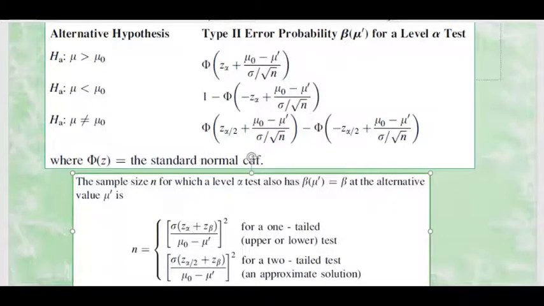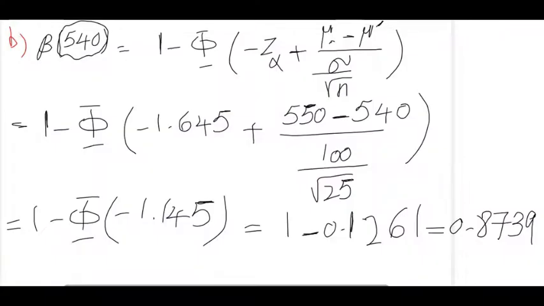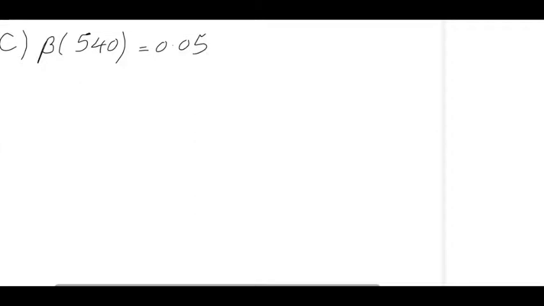So for part C, beta for 540 should be equal to 0.05.